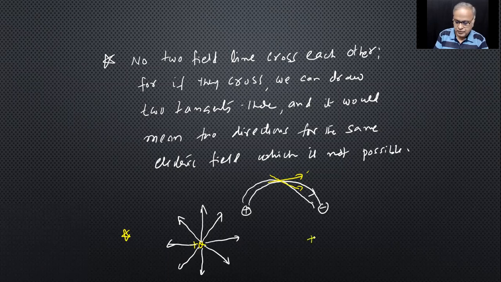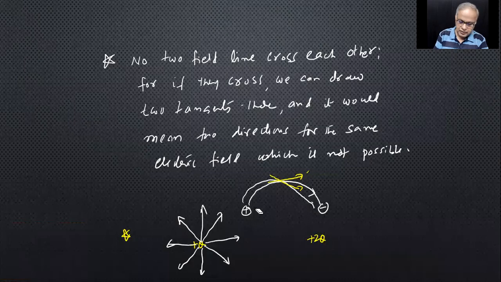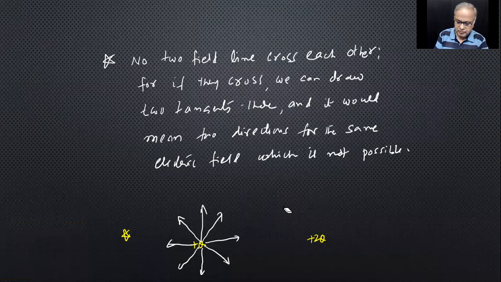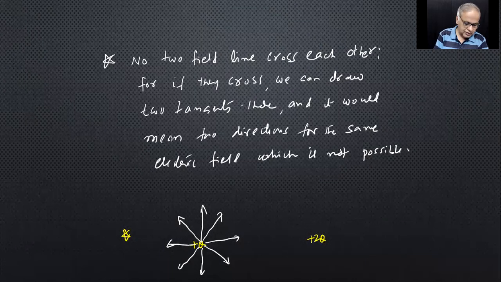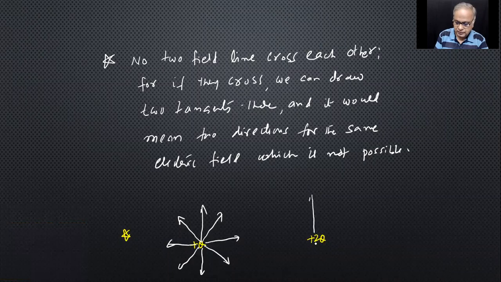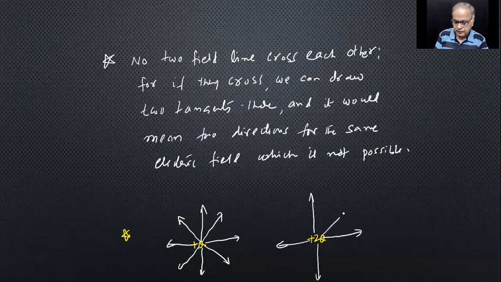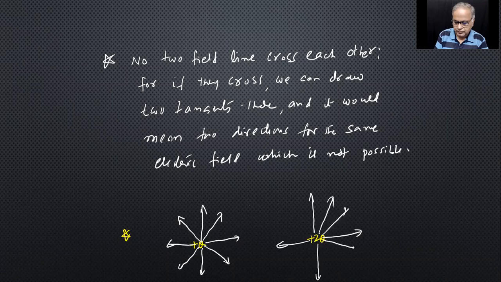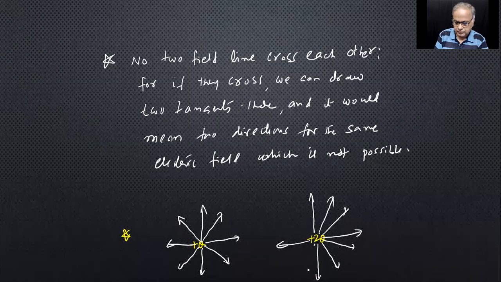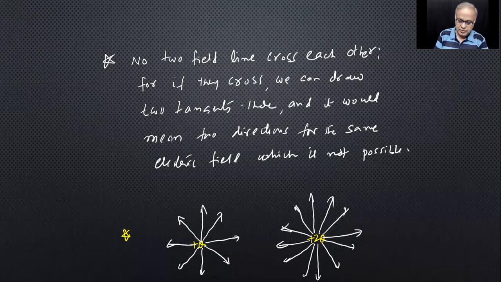If I have plus 2q, taking the same scale, for plus q I have 8 lines, there should be 16 lines for this because there is more charge. I don't know whether it became 16, but it doesn't matter.